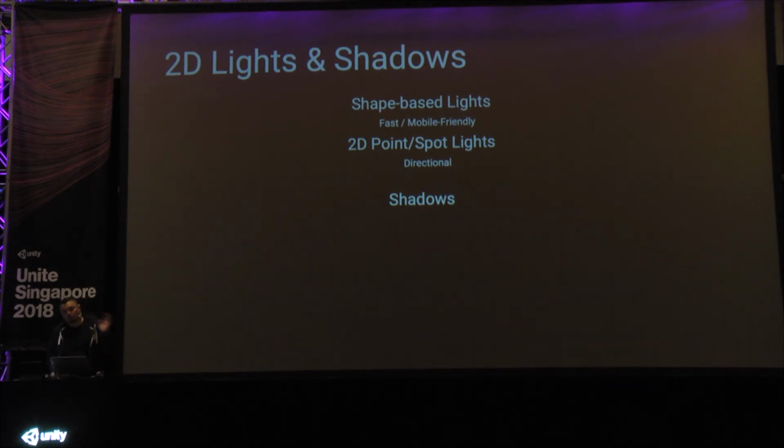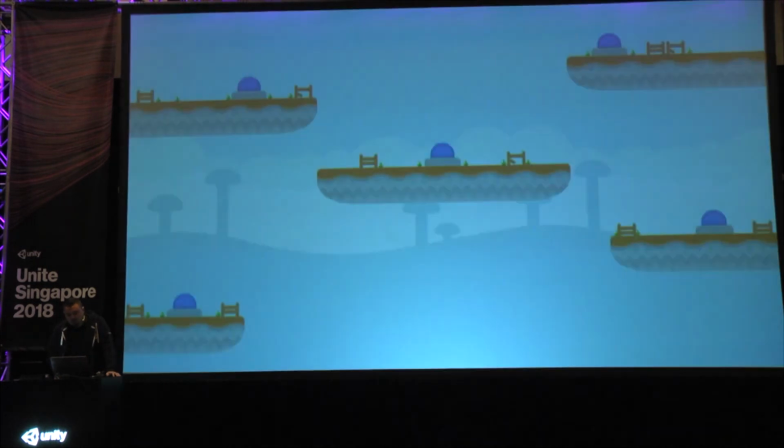And that we will see later on. And shadows, and whatever that means for 2D, we're going to see more of that as we start developing. So we're in fairly early stages of 2D lights and shadows, but I thought it would be nice that everyone had a look at a quick preview of what that looks like.